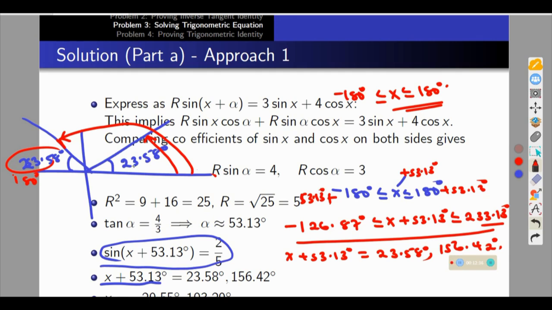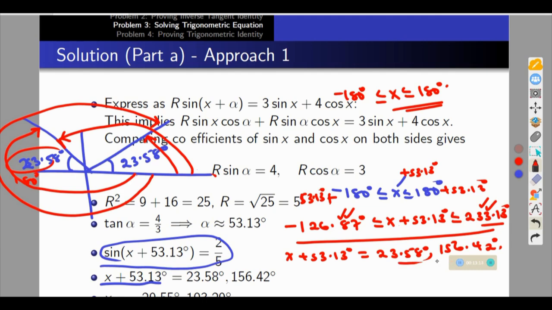So what are their corresponding negative angles? The first corresponding negative angle for 156.42 will be this angle from here up to this given point. The next corresponding negative angle will be from that given point up to this given point. But what do we realize? Remember, these angles correspond to x plus 53.13 degrees. So when we look at the range for x plus 53.13 degrees, any angle above this will not qualify.